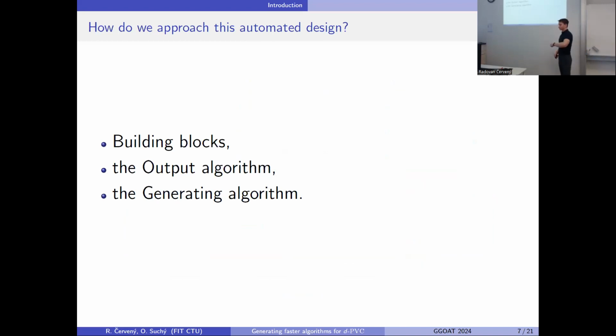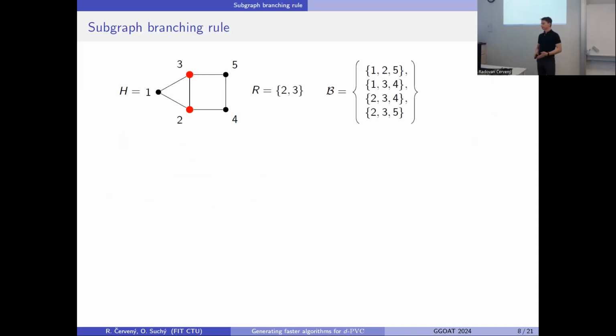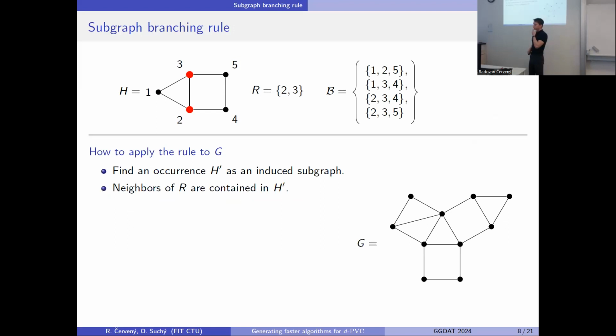What do we do? There are 3 parts: some basic building blocks, how the output algorithm looks, and then what the generating algorithm does. Our building block is something we call a subgraph branching rule, and it is some kind of restricted branching rule.